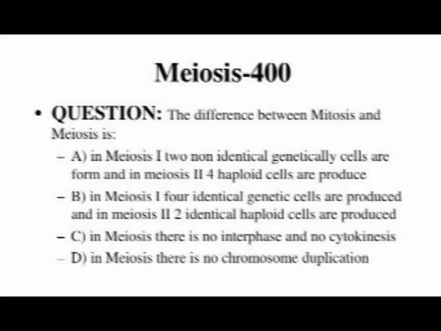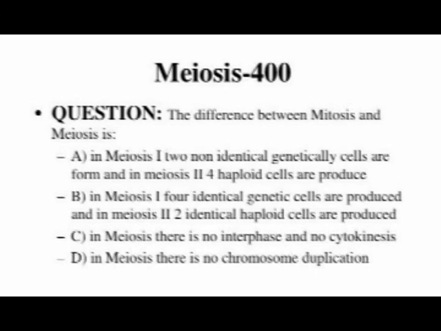And the next question is meiosis for 400 points. The difference between mitosis and meiosis is A, in meiosis 1, two non-identical genetic cells are formed, and in meiosis 2, four haploid cells are produced. B, in meiosis 1, four identical genetic cells are produced, and in meiosis 2, two identical haploid cells are produced.